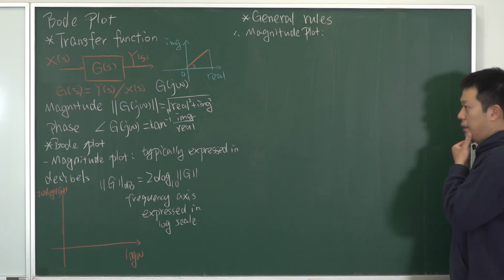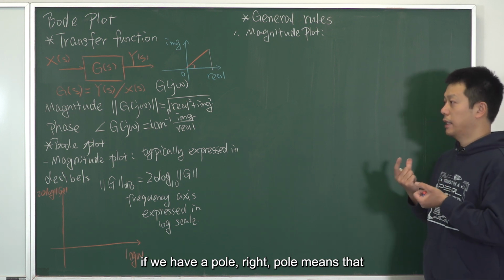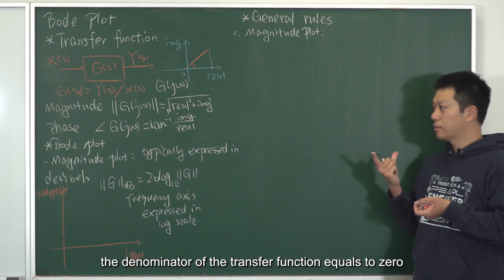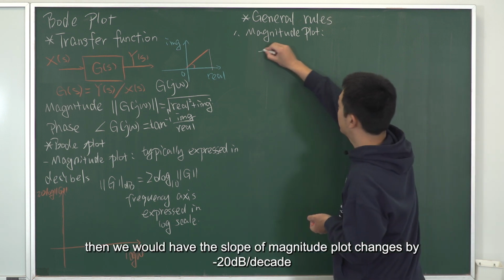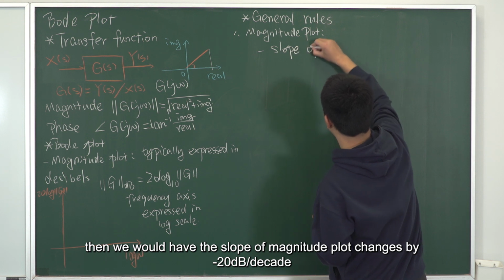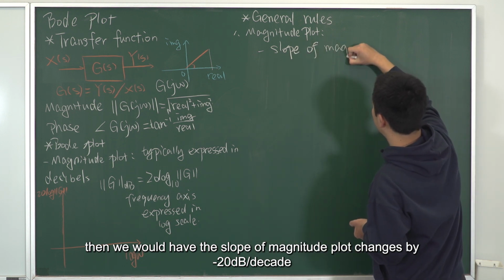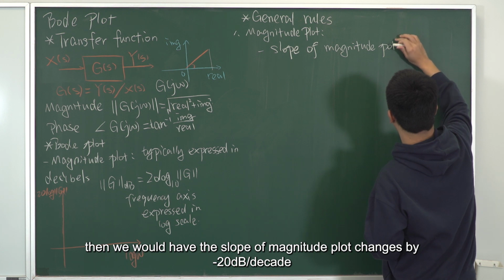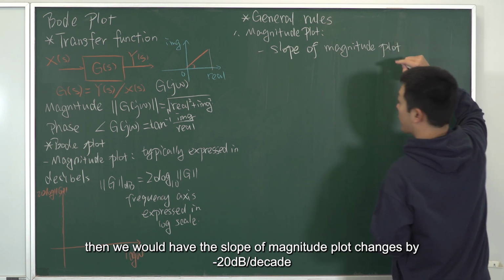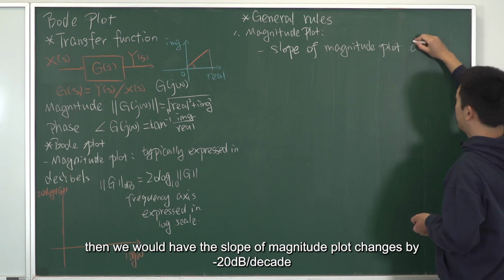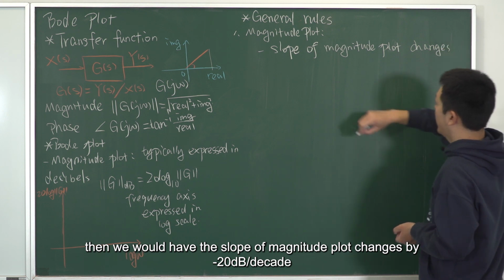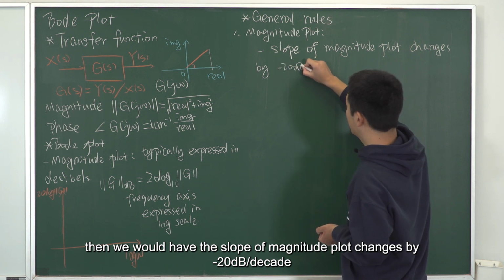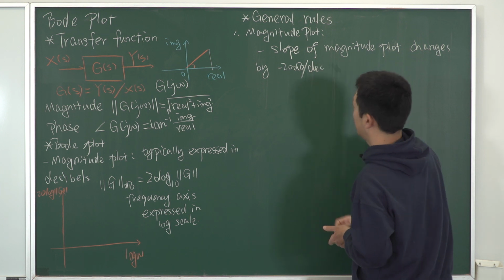For the magnitude plot, if we have a pole, where a pole means that the denominator of the transfer function equals 0, then the slope of the magnitude plot changes by minus 20 dB per decade at every pole frequency.